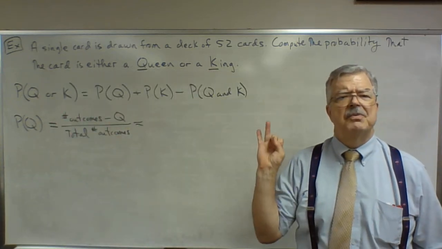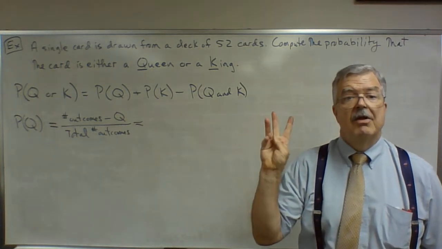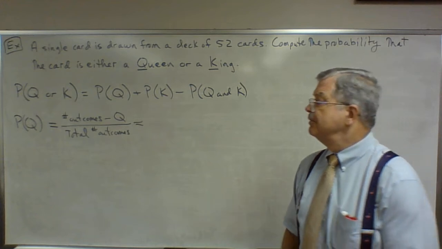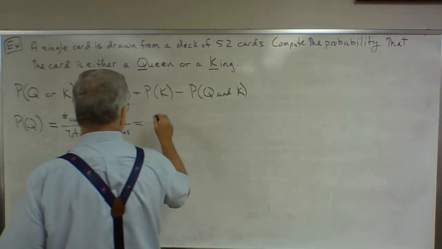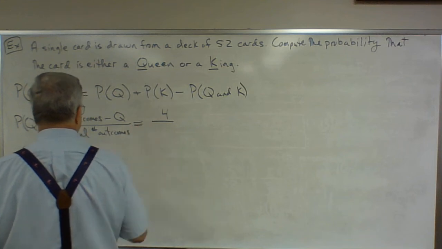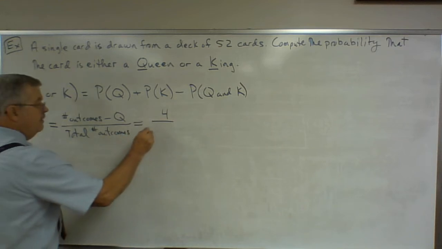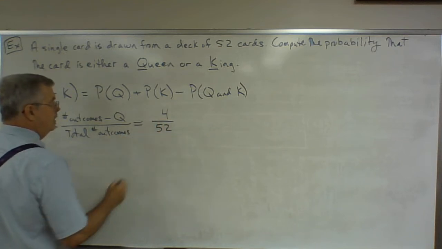Queen of clubs, queen of diamonds, queen of hearts, queen of spades. 4 outcomes result in a queen. Total number of outcomes, there are 52 cards in a deck, so that's the total number of outcomes.